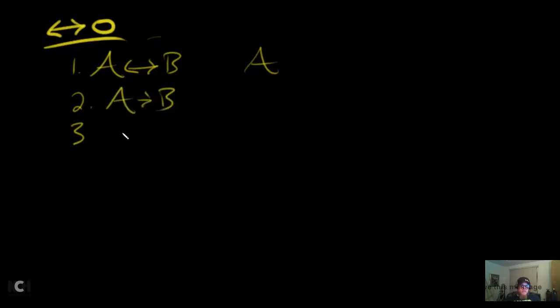What this one says is if you have a double arrow, so let's say we got A double arrow B as an assumption, that breaks down into saying the following two things. A leads to B and B leads to A. So in other words, A double arrow B is the same thing as saying if A then B and if B then A. And that would be double arrow out on line 1 for both.